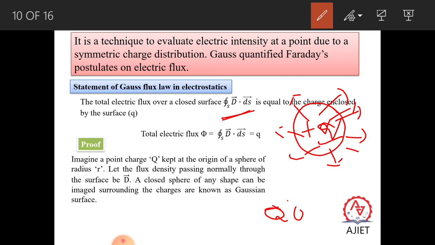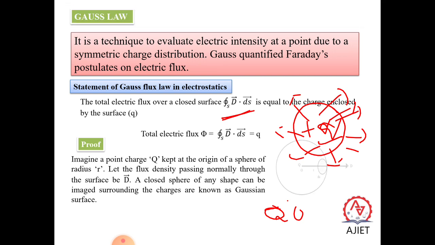We can see this at a radius. A charge is kept at the origin and a small surface area dS. Let the flux density passing through the small surface area be D. A closed surface of any shape can be imagined to be surrounded by a sphere known as the Gaussian sphere. The closed surface enclosing the charge for the application of Gauss law is known as the Gaussian surface.